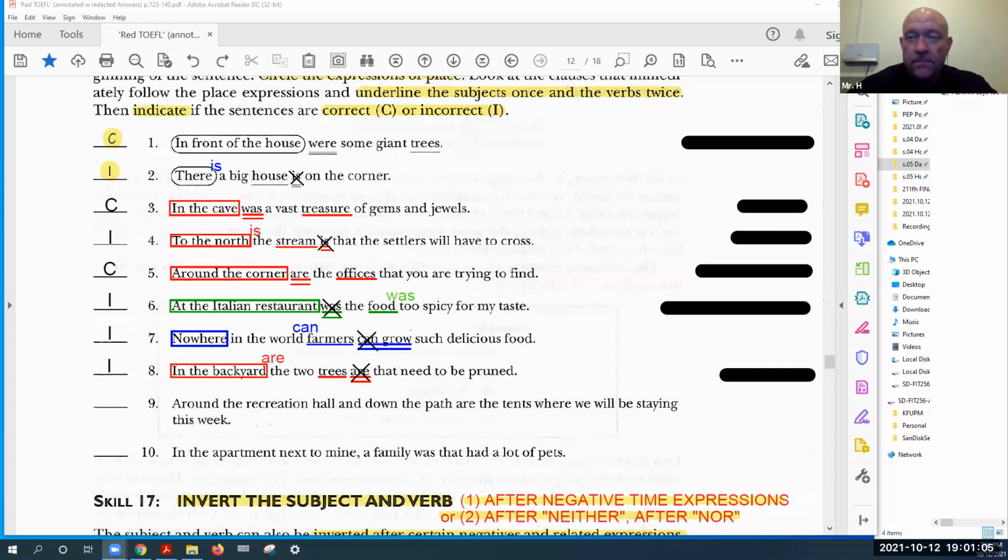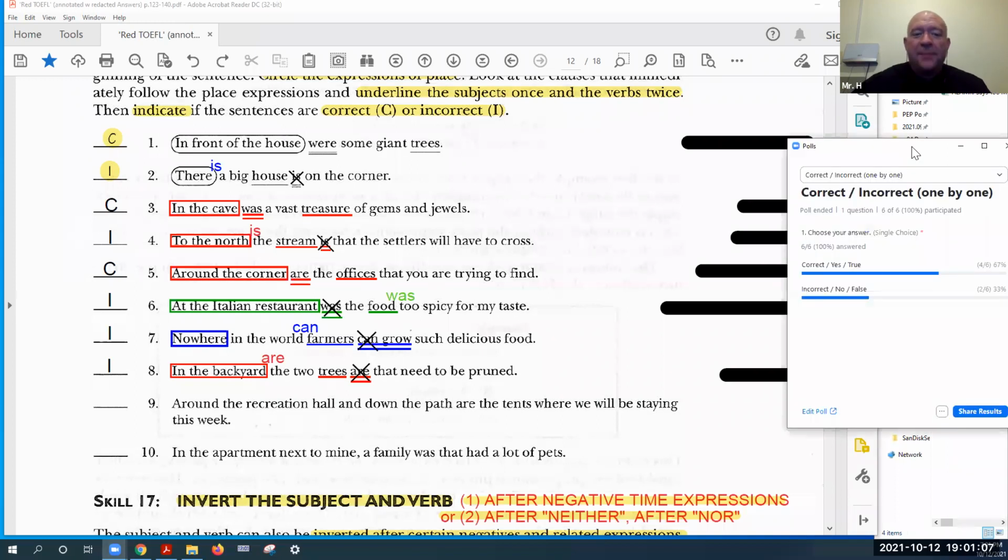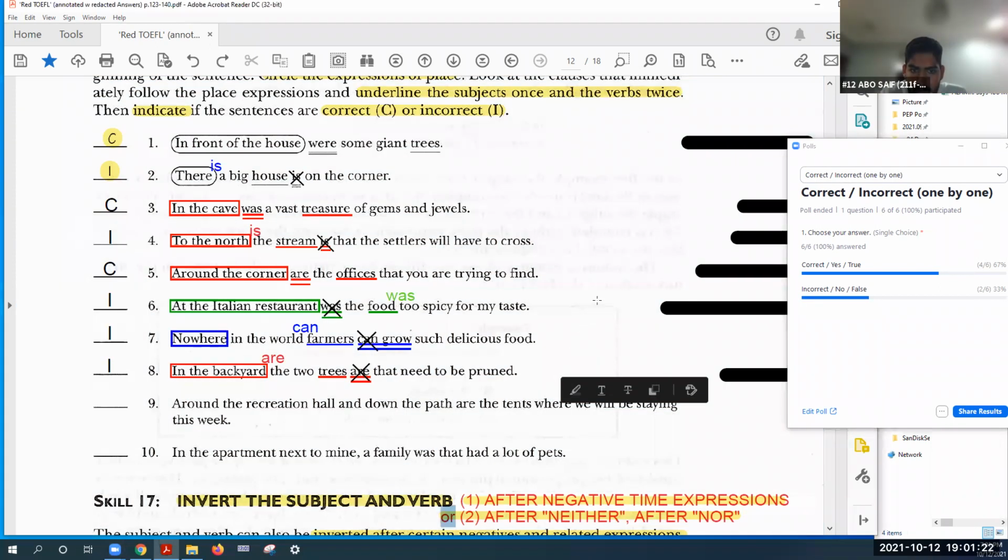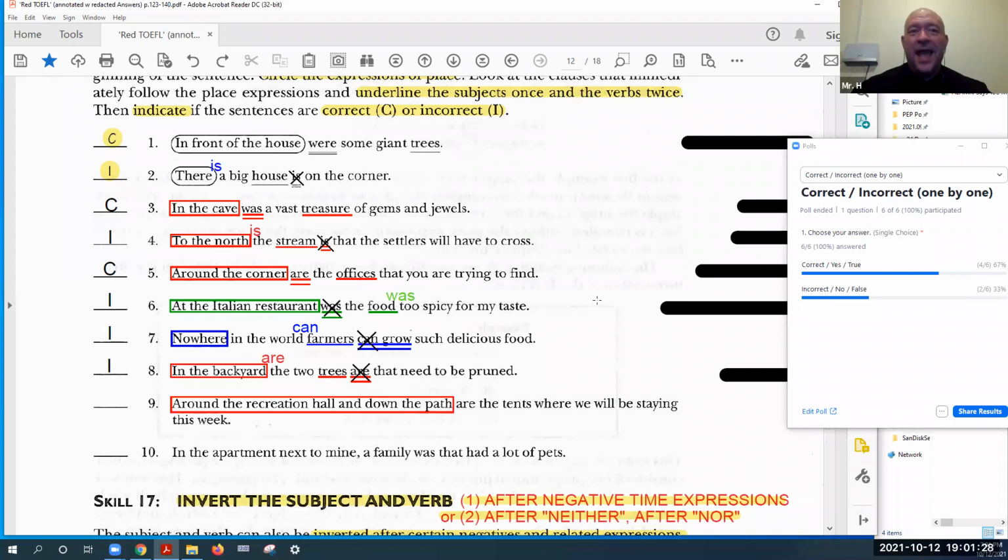Okay, good. All right. Abu Saif, what did you choose? I choose correct. You did. Okay. Can you explain this? Around the recreation hall and down the path, it's a preposition phrase. Right. And guess what?